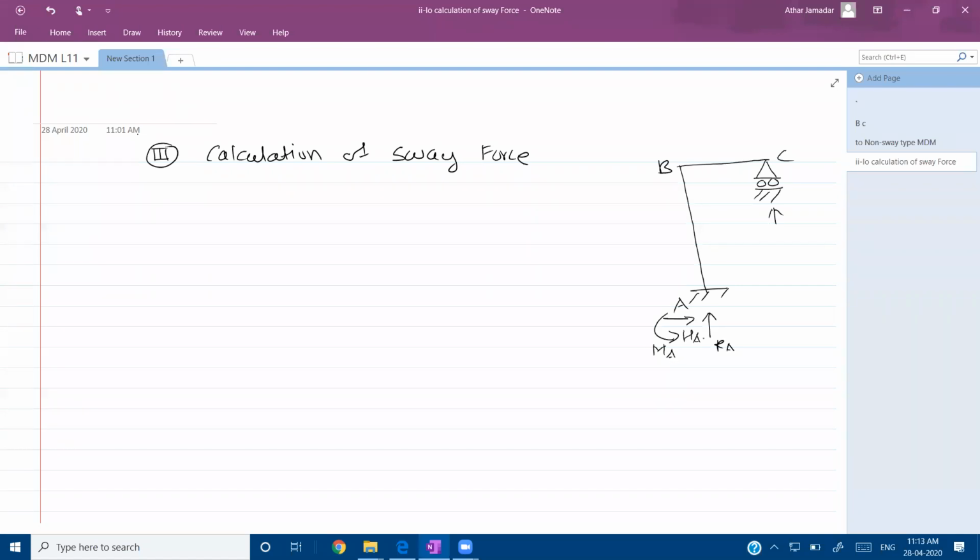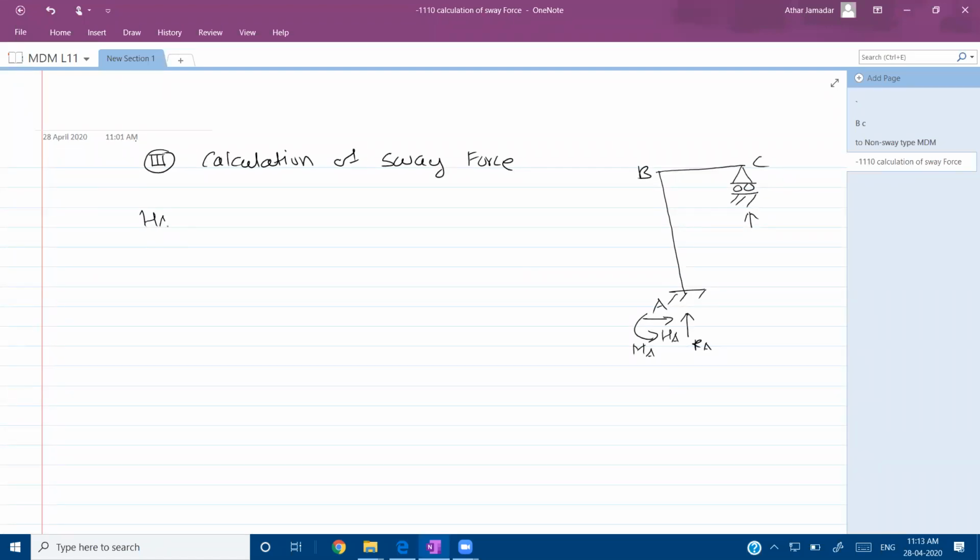For that we have to calculate this Ha force, and for this Ha force we consider the equilibrium of only column AB. If you consider the equilibrium of column AB, initially we will assume that Ha will act towards the left.